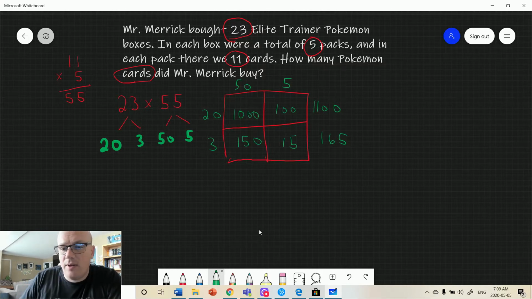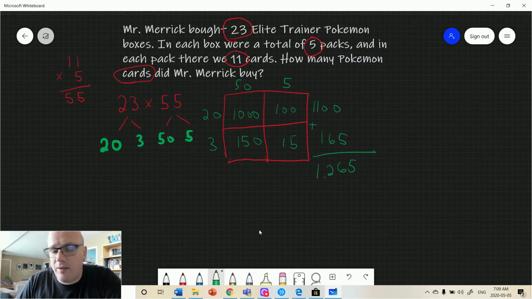Now we need to add up these two totals. 0 plus 5 plus 5. 6 plus 0, 6. 1 plus 1 is 2. 1 plus nothing is 1. So we have now found out how many cards Mr. Merrick has bought. It's been a good day for Mr. Merrick, I think. He bought a total of 1,265 Pokemon cards.